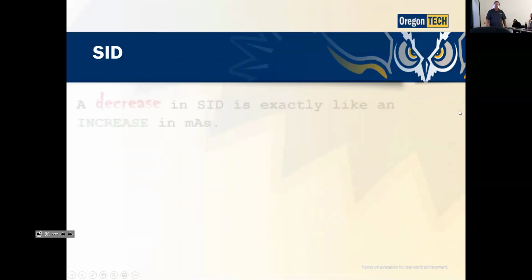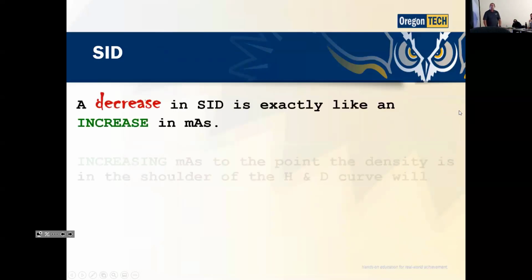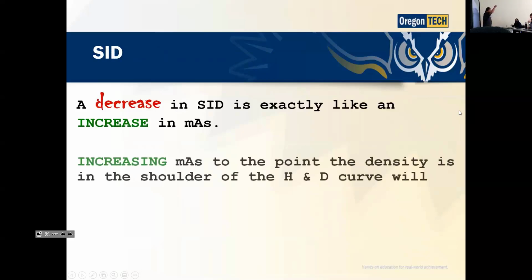When you adjust SID, let's say I decrease my SID to the image receptor, it's no different than increasing the mAs, because you don't have as much divergence of the beam, so you end up with more photons per unit area.